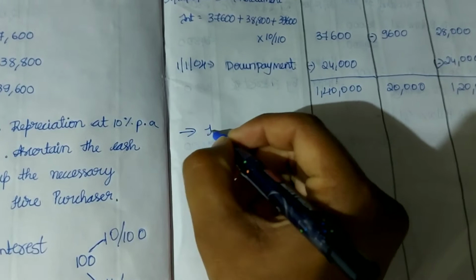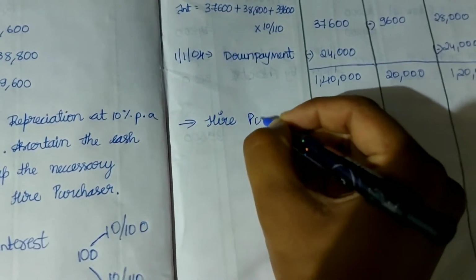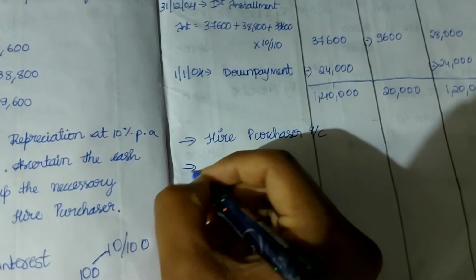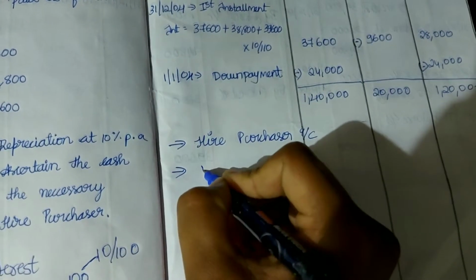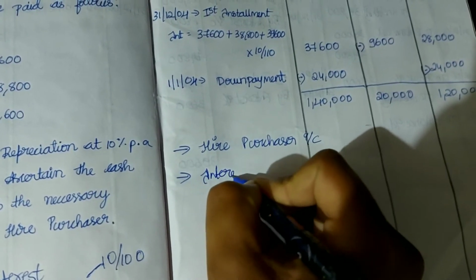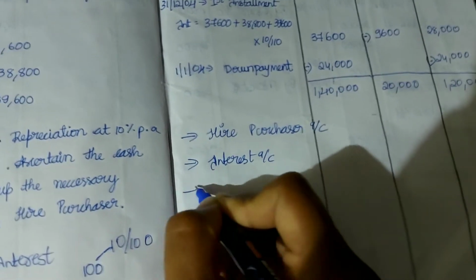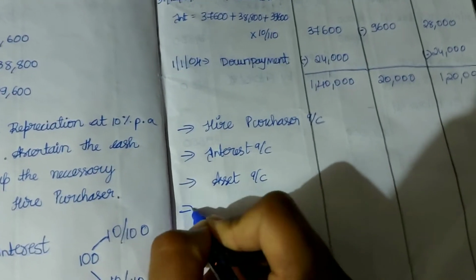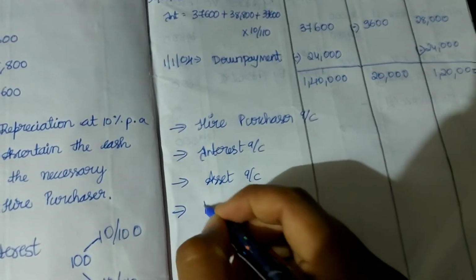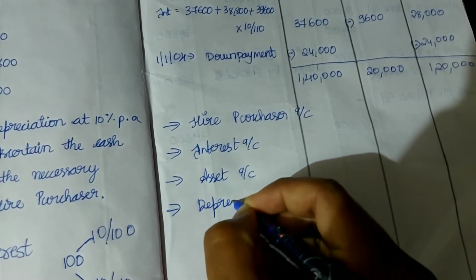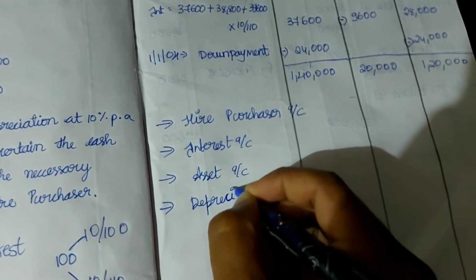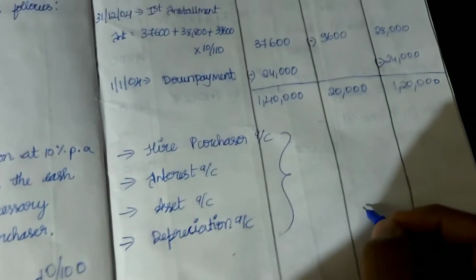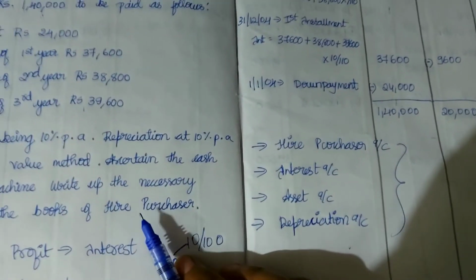One is the hire purchaser account, second the interest account, third the asset account, and the fourth and last one is the depreciation account. You have to prepare the 4 accounts as per the reference of the question.